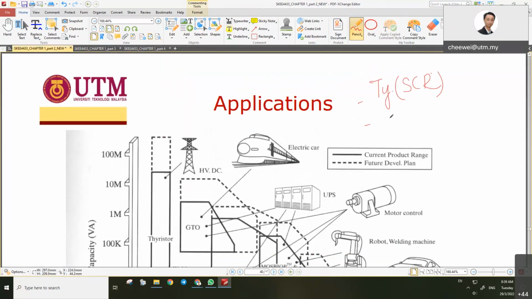MOSFET. BJT. Did we mention BJT? I think briefly, yeah. Any more? IGBT. Okay, what is the new version of IGBT? GTO. No more?